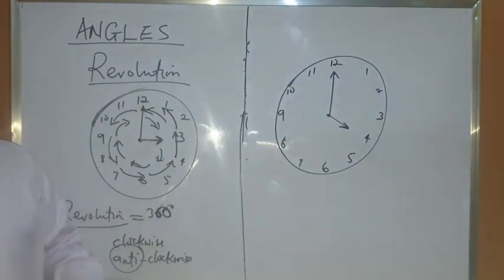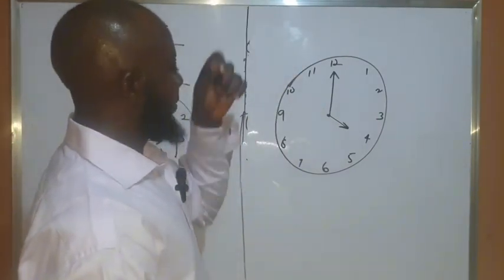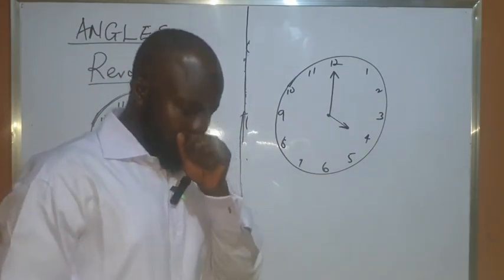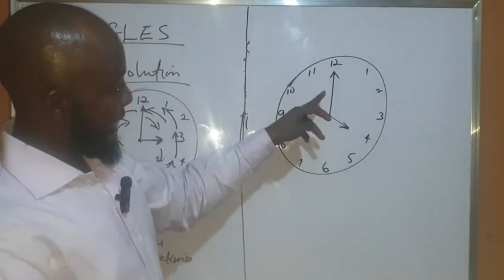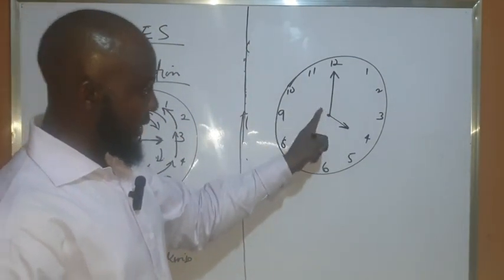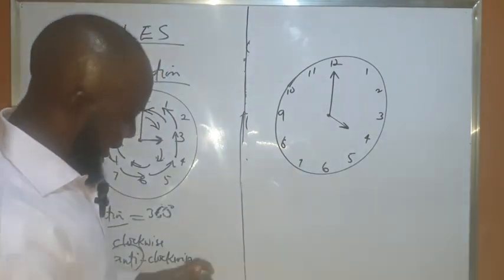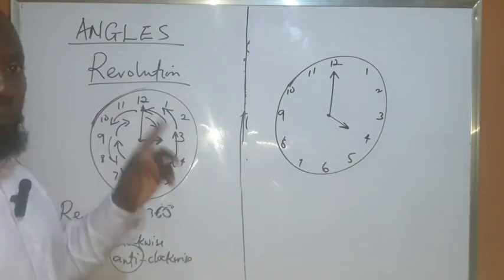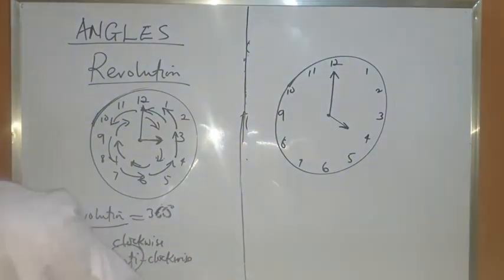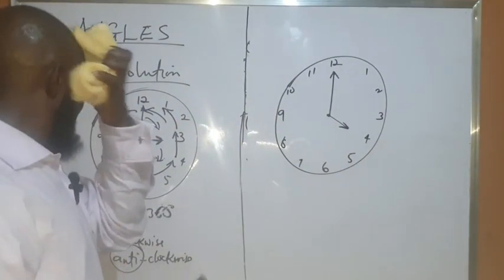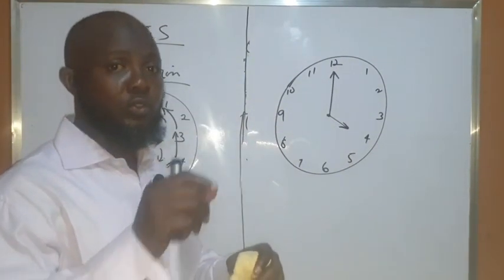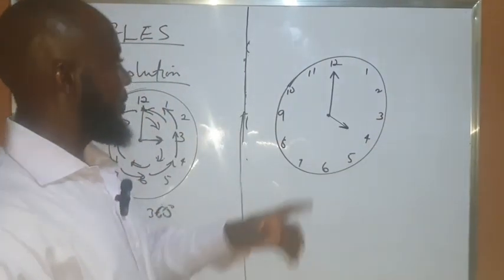Now the question can ask you, find the shortest, the smaller angle between the minute and the hour hand. Please take note, this is very simple. I said an angle is the distance between two straight lines.